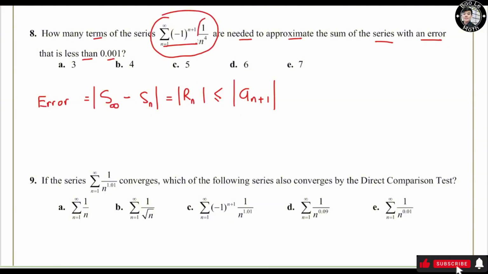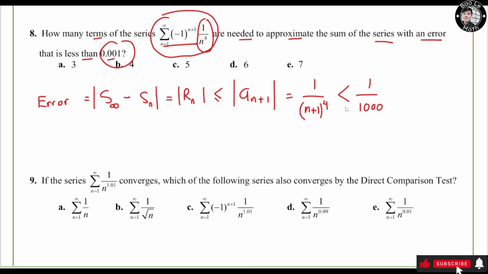Now a sub n is right here, so a sub n plus 1 is actually 1 over n plus 1 altogether raised to the 4. And we need this to be less than 0.001, so this is less than 1 over 1000.